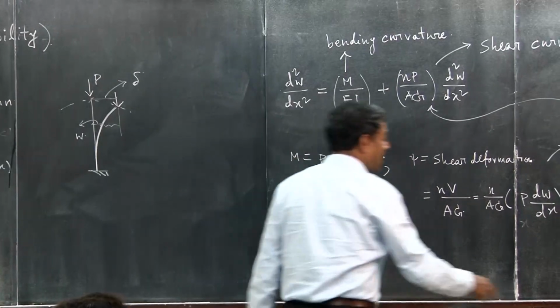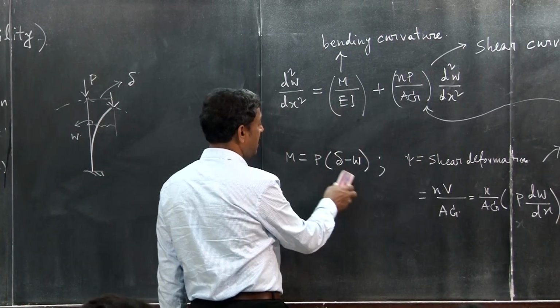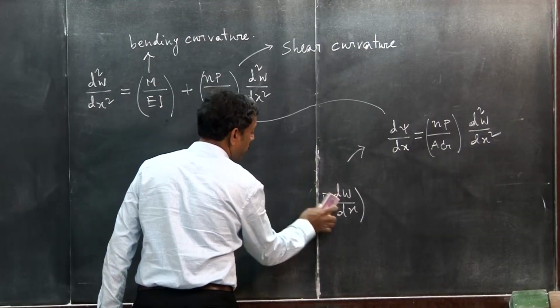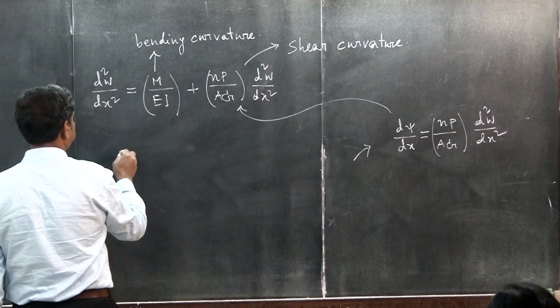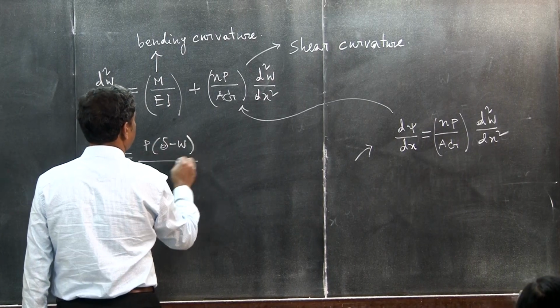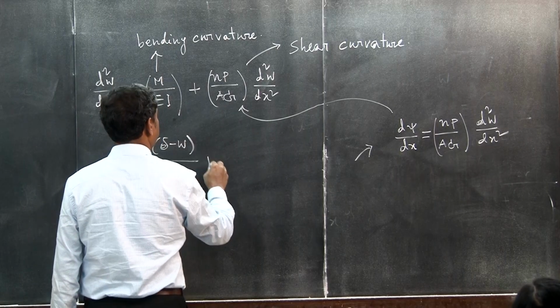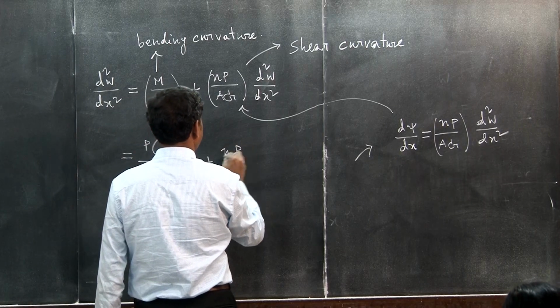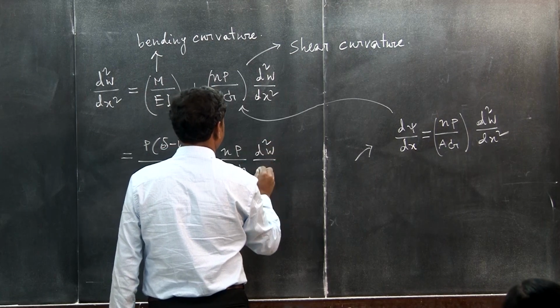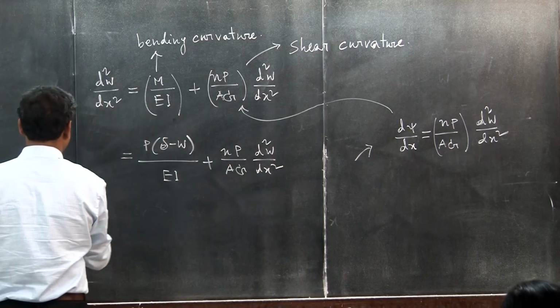Okay, good. So, now I am removing this part. P is equal to delta minus W, I am going to put. So, P delta minus W by EI plus NP by Ag d2W dx2. So, I will take this out here.